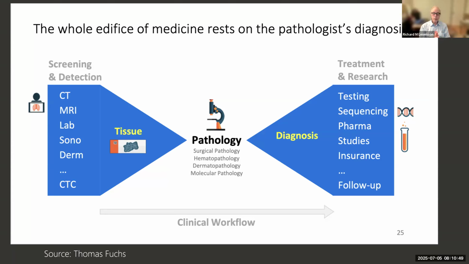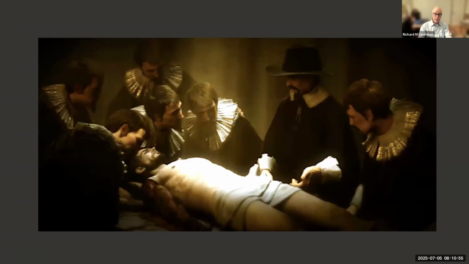It is really essential to the success of patient treatment.